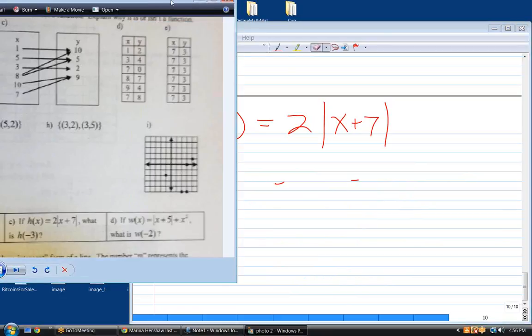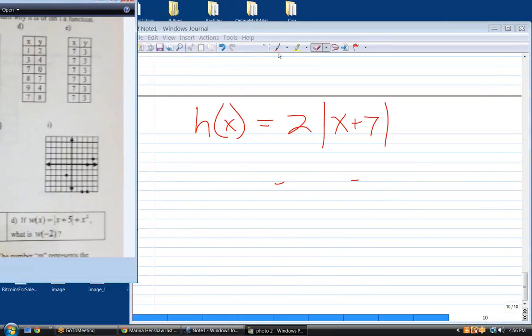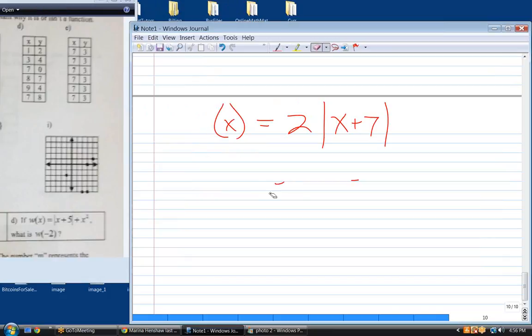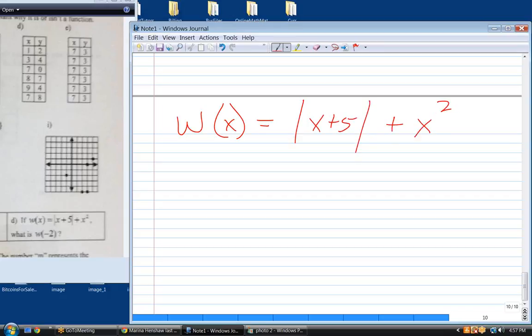And last D. I'm going to call this W of X. You can call these anything you want. What is W of minus 2? Negative 2 plus 5 plus negative 2, minus negative 2 squared.